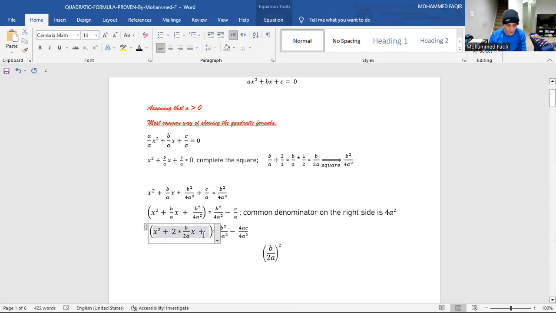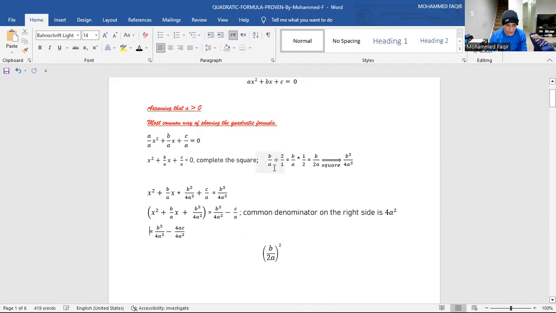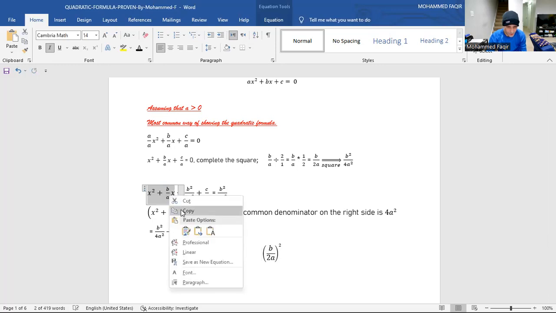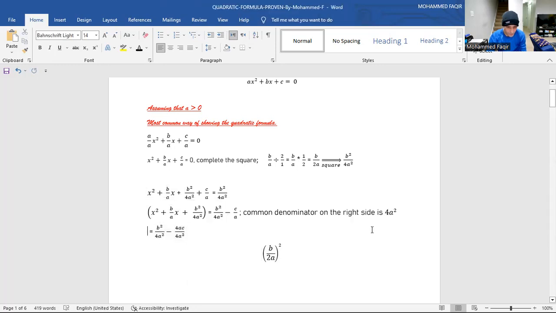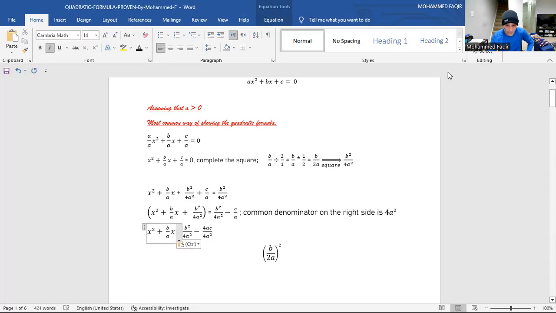Okay, let's see what I can do. Well, I can remove the parentheses since I'm gonna make it look clear. So I'm just gonna bring this and do that transformation I've done earlier, and I'm gonna do plus. Right.